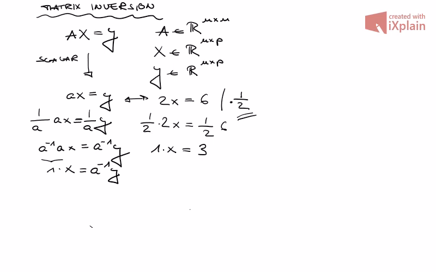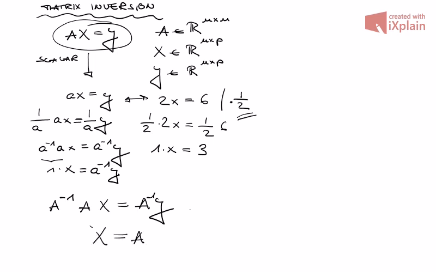So for square matrices A, one can also, under certain circumstances, have a matrix A to the power of minus 1, that if you multiply with A, so we are now back at this equation, on both sides, you essentially, with A to the power of minus 1, you get only x.